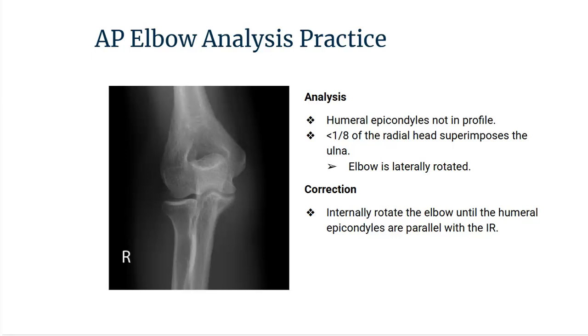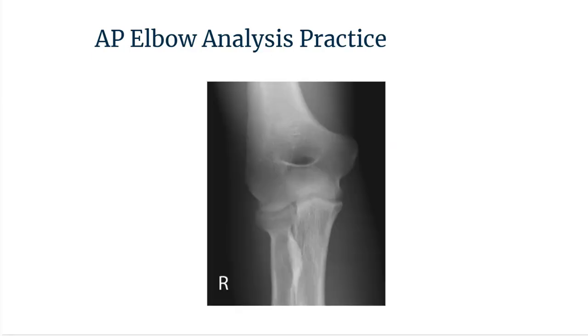You can see that the humeral epicondyles aren't in profile like we would like to see them. In order to correct this imaging error, we want to internally rotate the elbow until the humeral epicondyles are parallel with the image receptor. Take a moment to analyze this practice analysis and answer the following question.